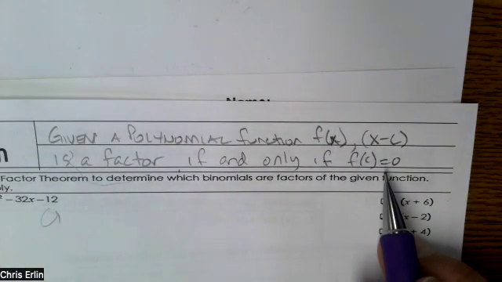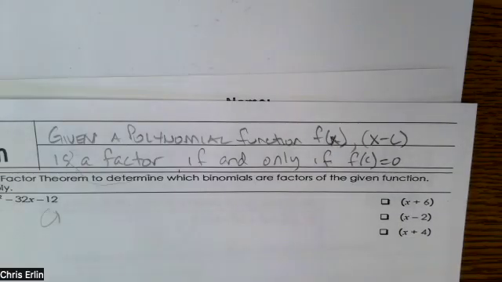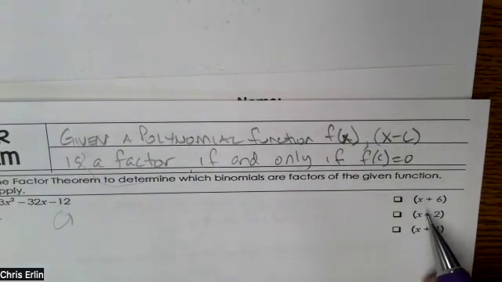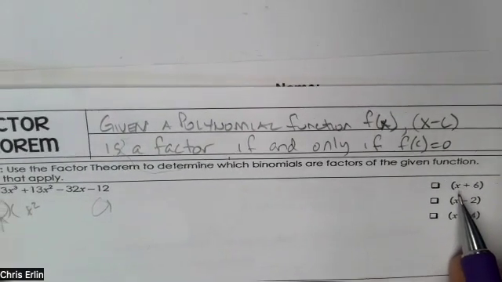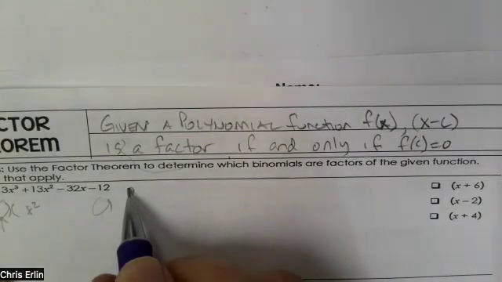Right? We do synthetic substitution and see if it works out to be 0. So let's see if these things are factors. They're giving them to us. Does it work? Well, let's see.